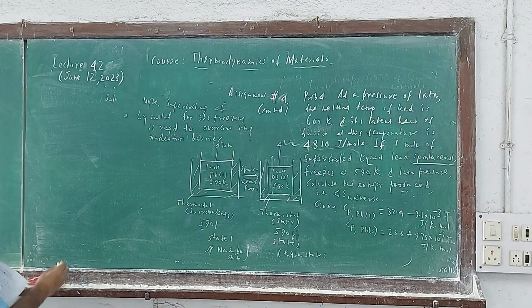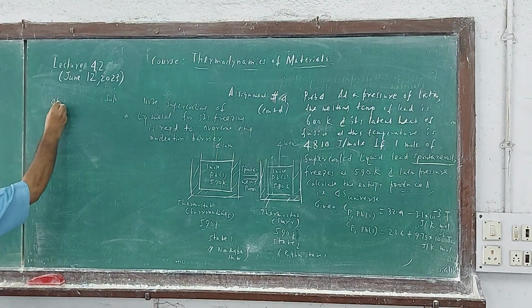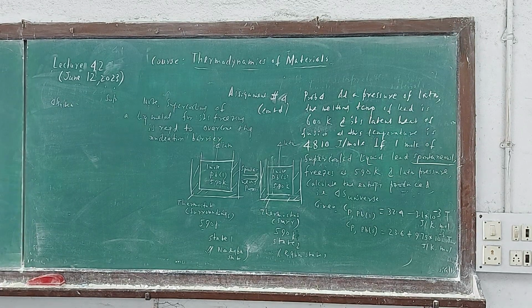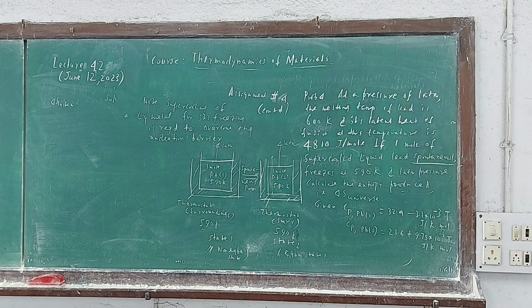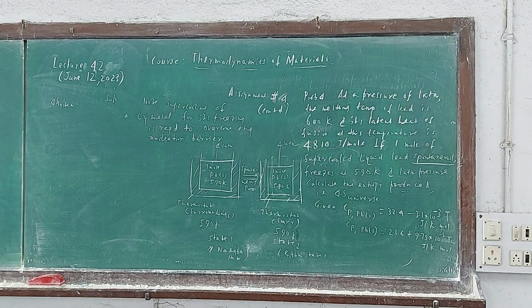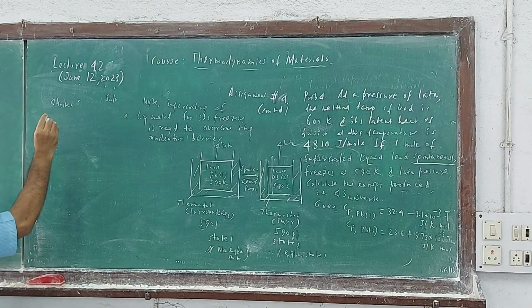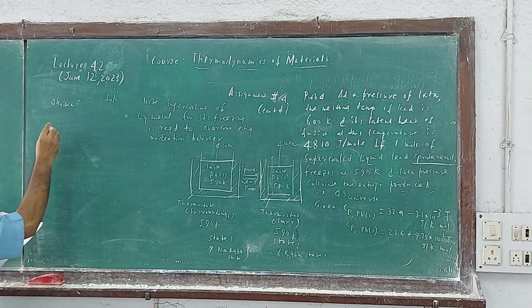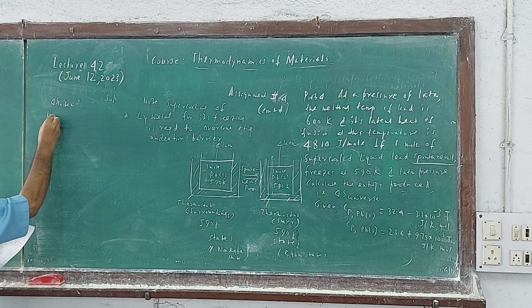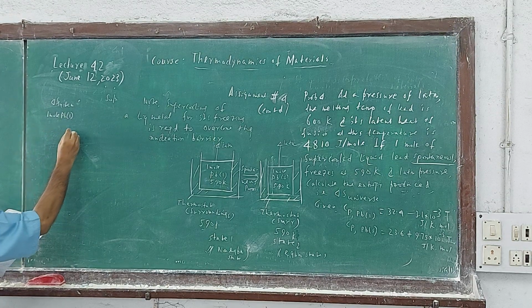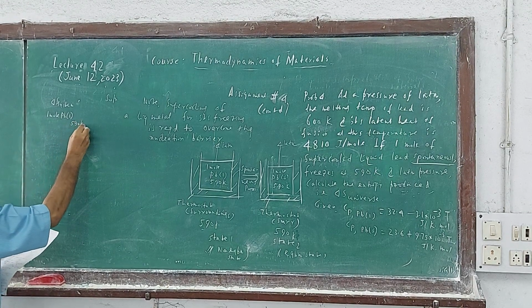So first you find delta S system. Just follow this. The system moves from state 1 to state 2. State 1 is 1 mole of lead liquid at 590 Kelvin, 1 atmosphere.